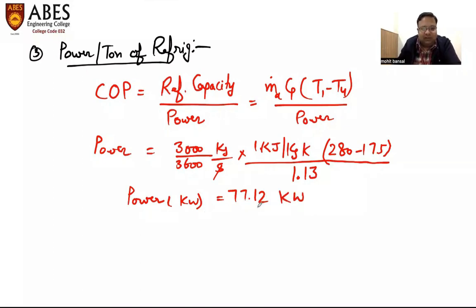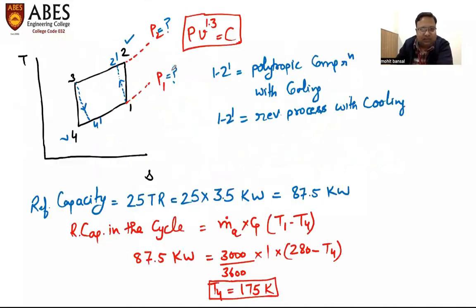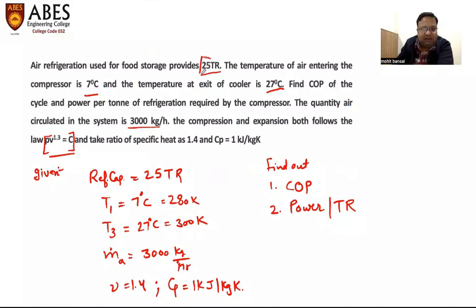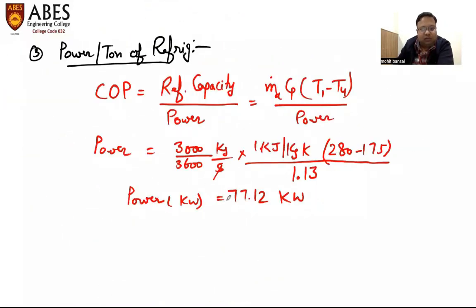So in this question, the power comes out to be 77.12 kilowatt, and we have to find out the power per ton of refrigeration. This question is designed for 25 tonnage of refrigeration, and the power which is to be consumed comes out for the 25 tonnage of refrigeration. Now we have to find out the power per tonnage of refrigeration.